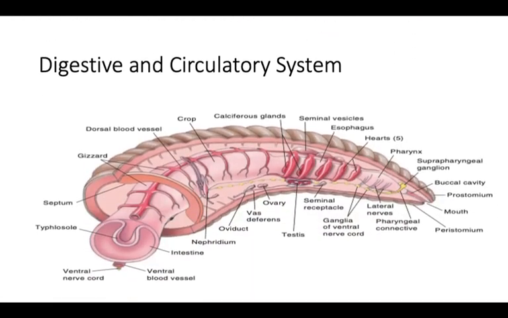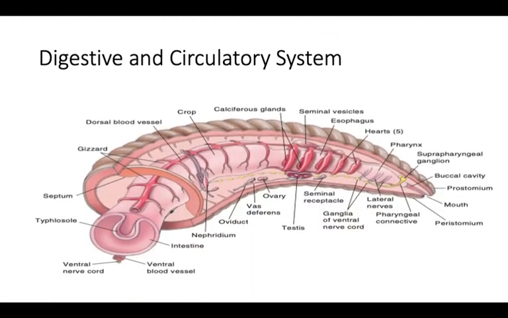Further ahead, the digestive and circulatory systems are shown here in a diagrammatic presentation. It contains the prostomium. The prostomium is followed by a mouth, and this mouth is extended with a pharynx, esophagus, gizzard, and extends deep into the intestine. The intestinal surface area is also extended by invaginations.